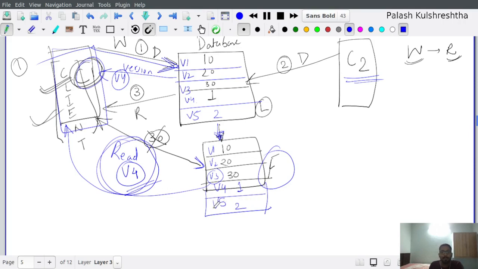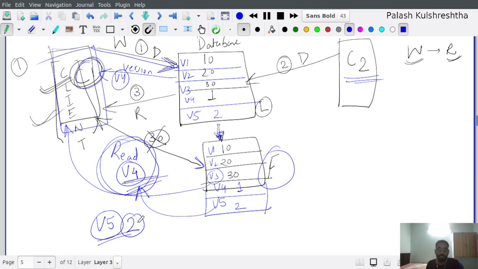Since version V5 is more recent than version V4, our follower is going to return the value of version V5, which is 2. It is up to us, and most generally what we do is we want a version that is equal to the version in the read request, which was V4, or any version later than V4, that is V5.